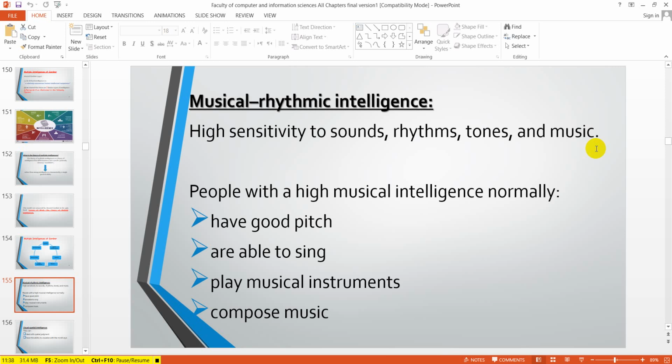Also, with musical intelligence they can discern the tone, rhythm, and pitch of the music that they are listening to. Also, if you have musical intelligence, you can easily repeat or recall a phrase or piece of music from what you have heard, and you can usually play instruments.